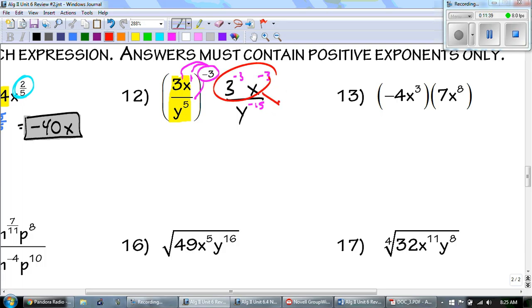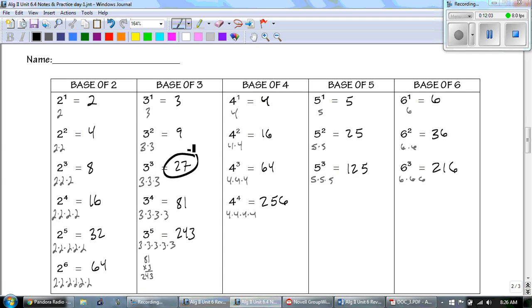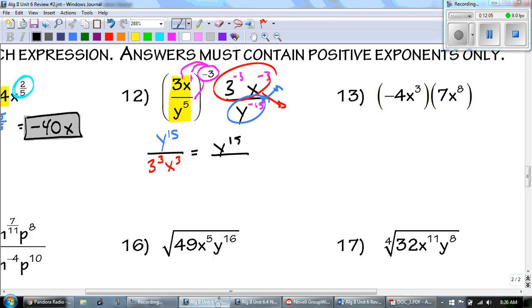If my exponents are negative, I drop them like it's hot. If they're already on the bottom, I bring them to the top. So I got y^15 over 3 cubed x cubed. And then I'm not done because I need to simplify what 3 cubed is. And 3 cubed is 27. So we have 27x cubed.